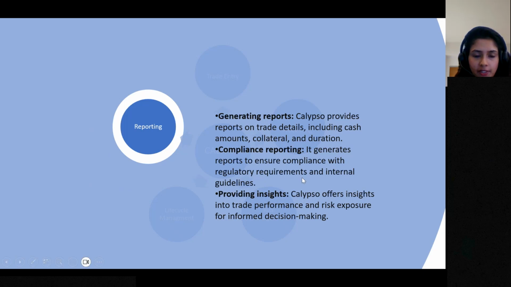Compliance reports are generated and insights are given as per what was the trade performance, what was the risk exposure, etc. So this is how, when a trade enters Calypso, you will see how the trade has entered, how it has processed, how the risk was calculated, how Calypso handles its entire life cycle, and how the financial markets have been informed about both of these banks' details.